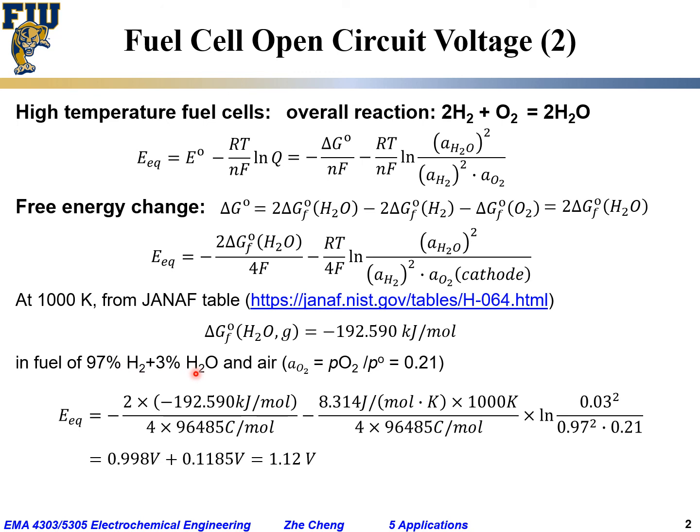Water is a product, hydrogen is a reactant, and they have certain concentrations, so it gives us a voltage that is somewhat different from the standard cell potential, which is 0.998 volt. This term is the standard cell potential, and that's a correction term to correct for the activity.